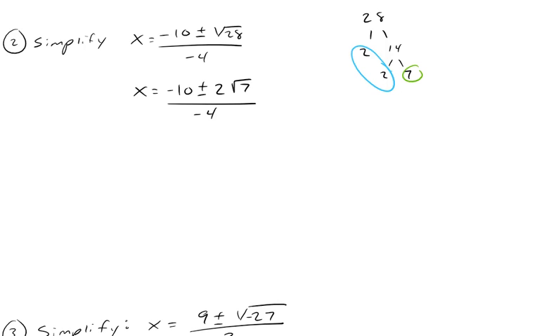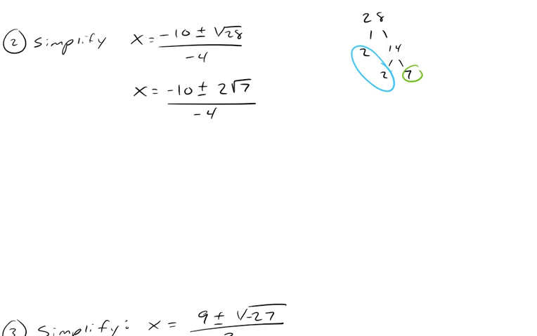Now, I have a negative 10, a 2, and a negative 4. My whole goal is to simplify that as much as possible between those three numbers. And since the negative 10 is in the front, I know that I can simplify by 2.